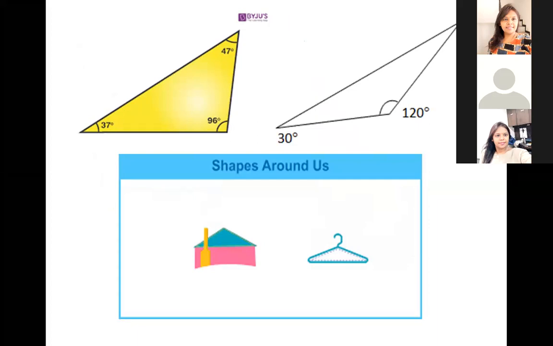Here the angle, and a home. It doesn't look like a home, but it is our house. It makes an angle always greater than 90, so this figure is an obtuse triangle. So hope this definition is clear.